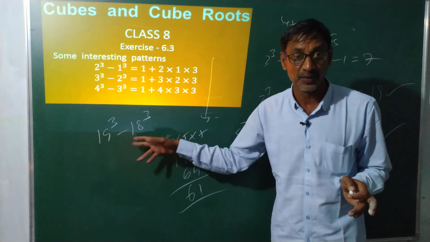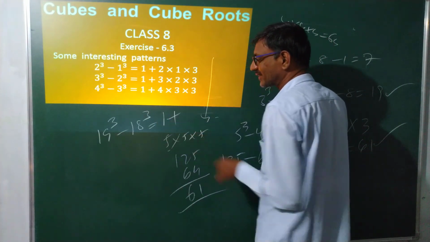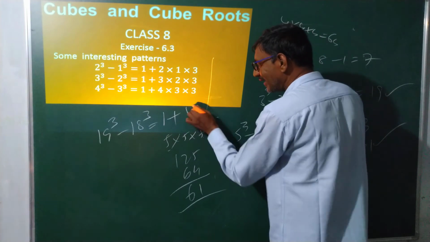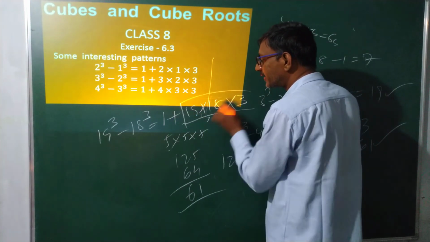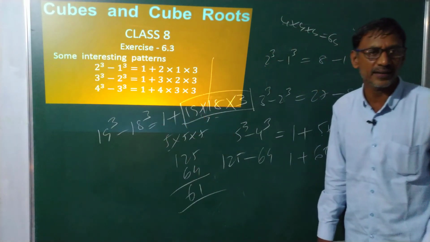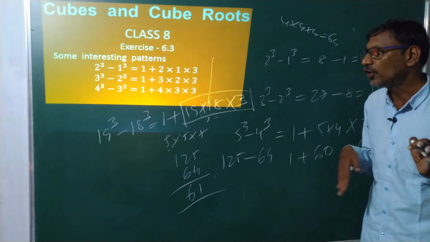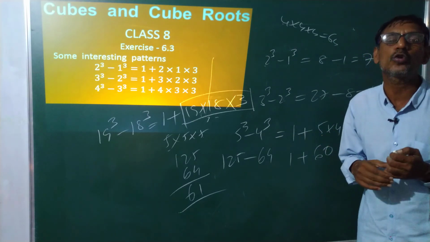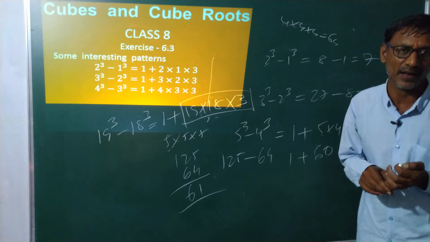The difference between their cubes is very simple, you can write it down: 1 plus 19 into 18 into 3. That's all. Multiply it and add to 1. We get the answer. Am I clear? This is the interesting pattern. We'll see in the next class how to find cube roots of a given number. Okay?